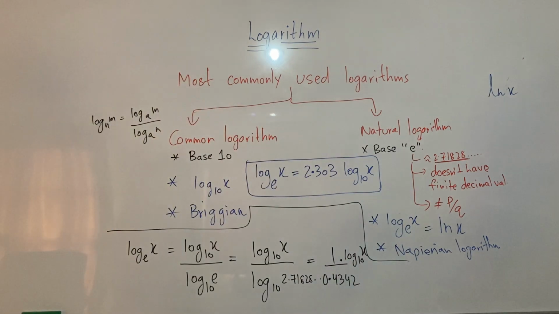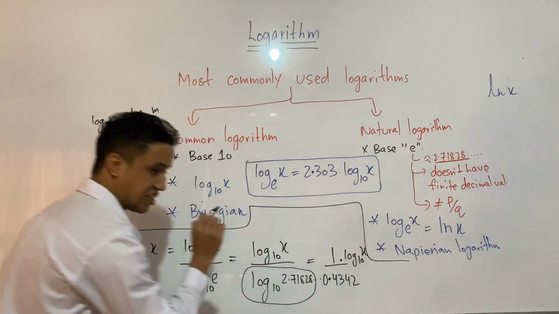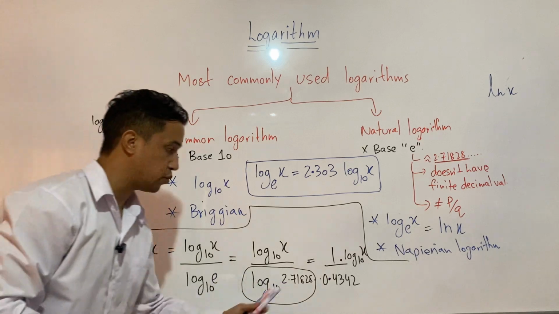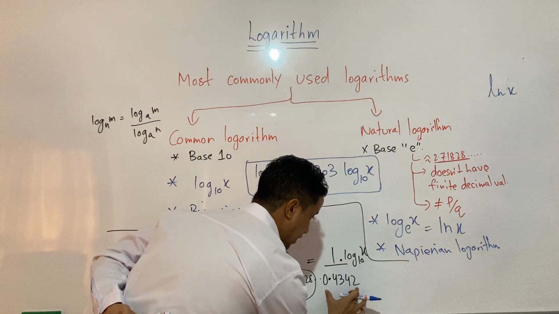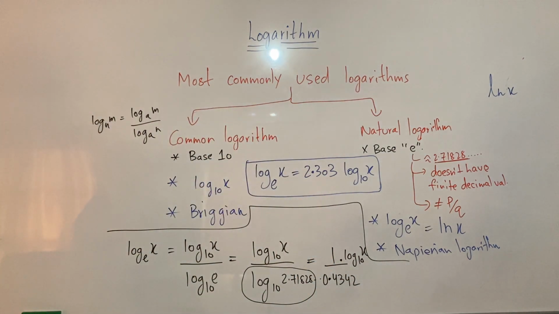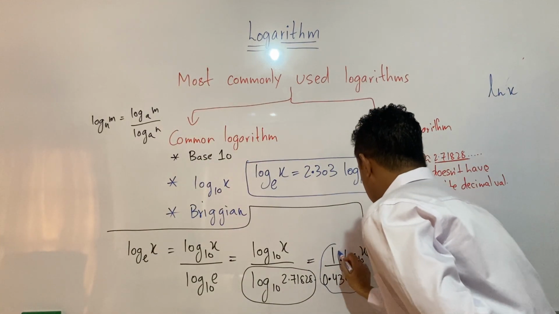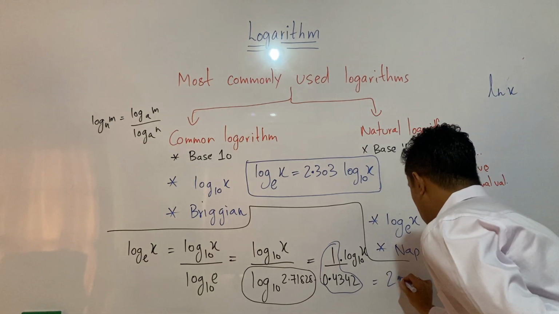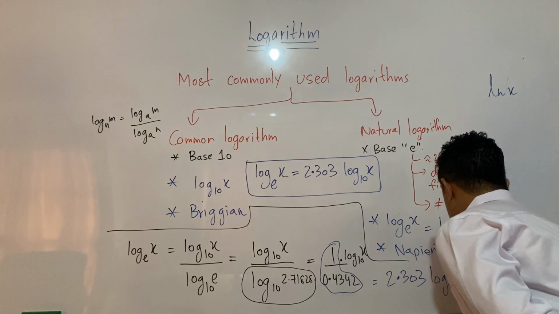Okay, so if you take the log of this Euler's number with respect to base 10, this thing is going to be 0.4342. Okay, and when you divide this thing by 1, it's going to be 2.303 log of x to the base 10.